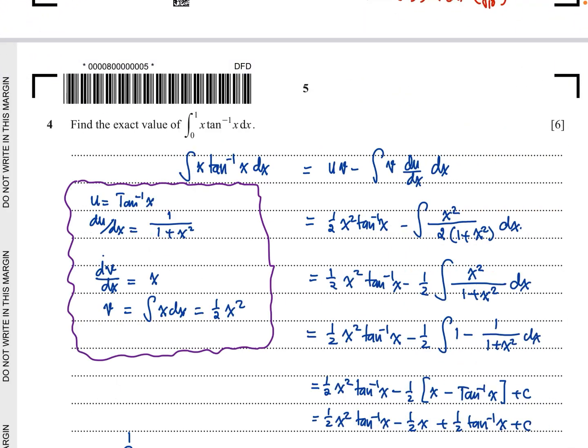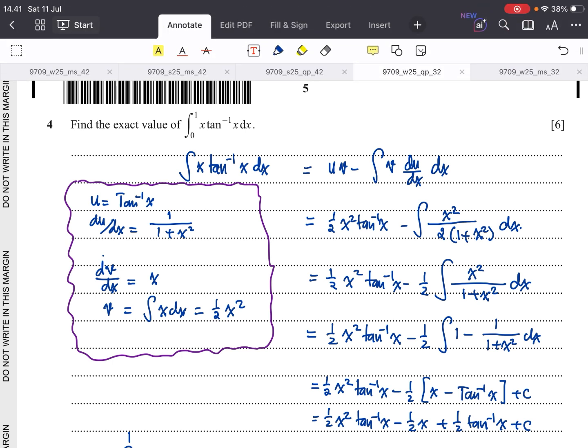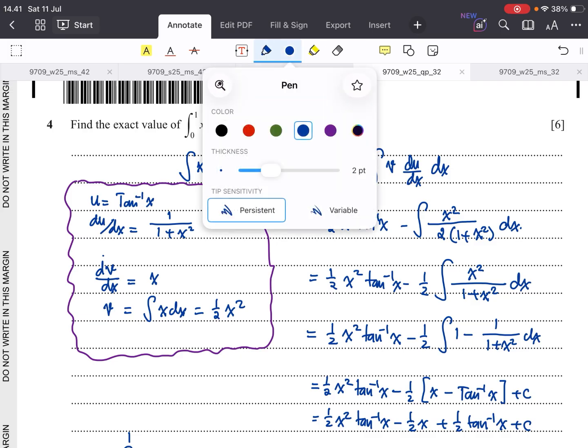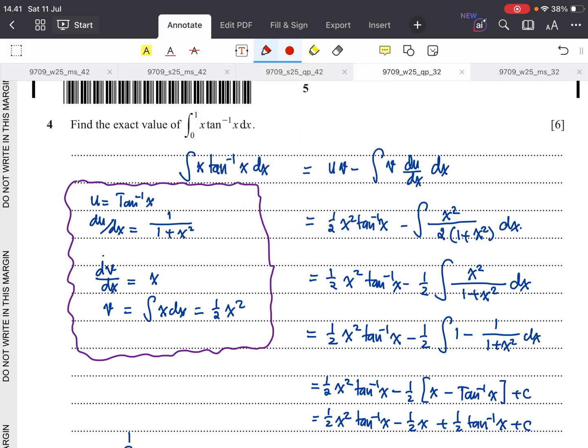Question 4. Find the exact value of the integral from 0 to 1 of x times tan inverse x dx. So first we want to find the indefinite integration of x times tan inverse x dx. In order to do this integration, we can use the integration by parts method.